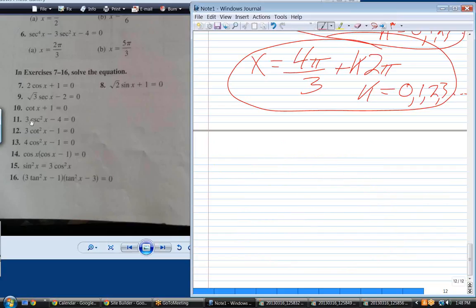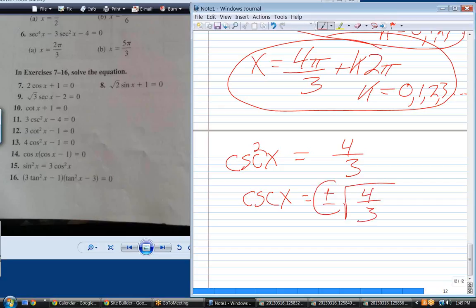All right, so let's deal with a tougher one, 11. So here we have cosecant squared of x equals 4/3, right? What's the next line? Would you take the square root, plus or minus, of 4 over 3?